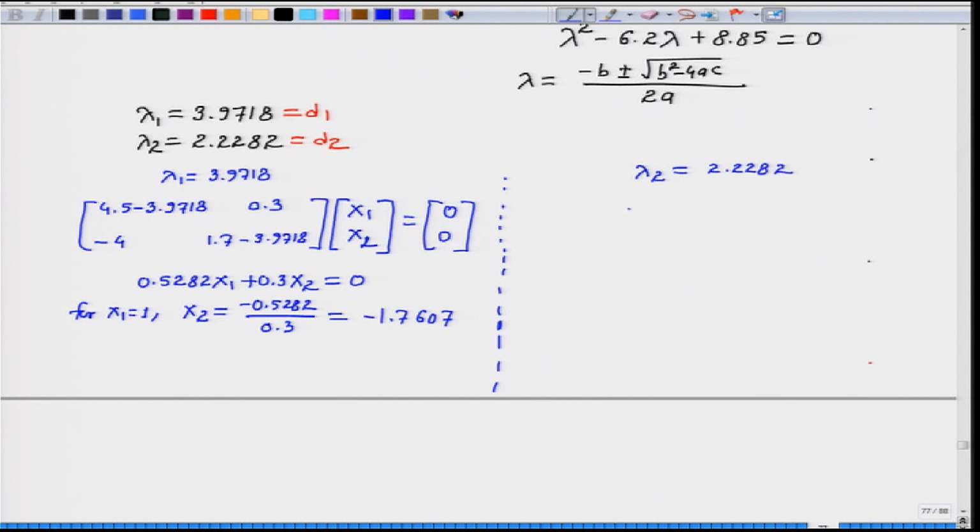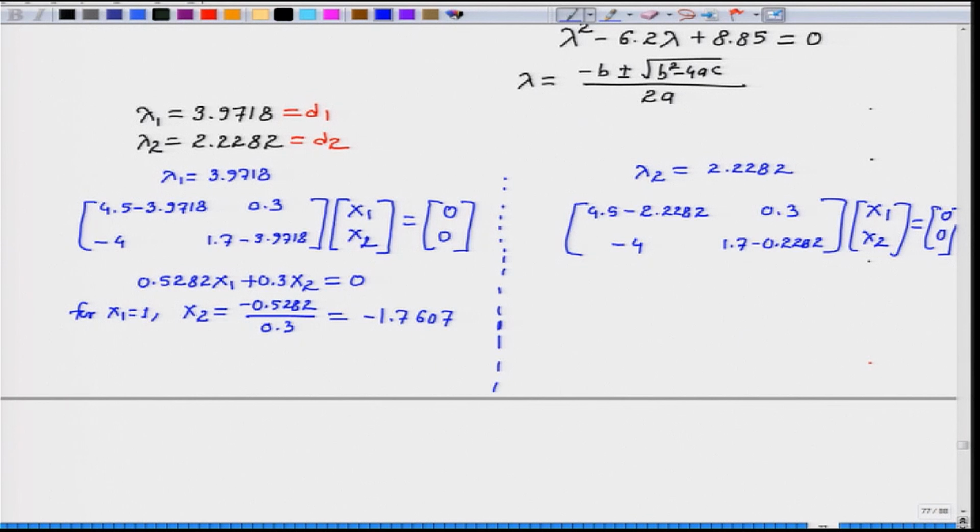Similarly, we can do it for lambda 2, which is equal to 2.2282. If we substitute, we get 4.5 minus 2.2282, 0.3, minus 4, 1.7 minus 2.2282, times x1 x2 equal to 0, 0. So, we get an equation of the form 2.2718 x1 plus 0.3 x2 equal to 0.